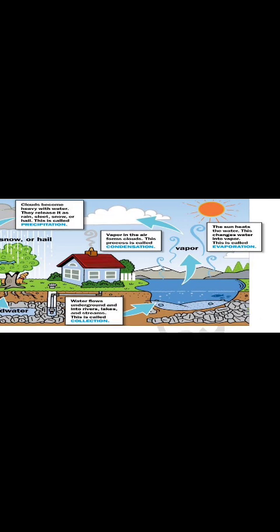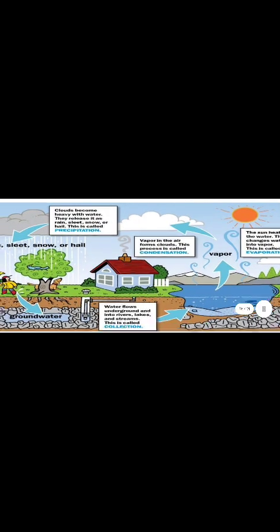Clouds start to collect these droplets of water, one beside the other, till they become heavy, and then they release rain, sleet, snow, and hail, and all of these are known as precipitation.